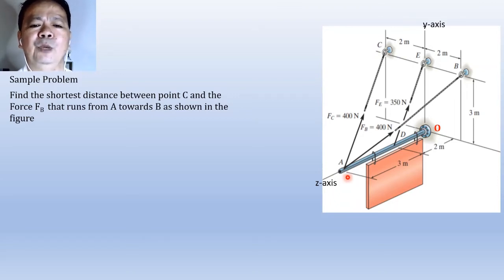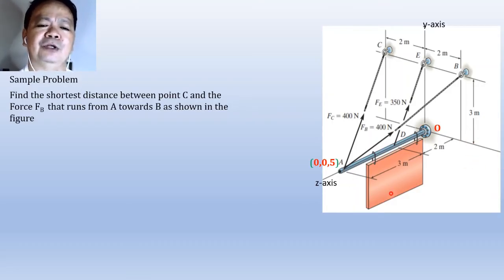If we consider this as our origin, then point A would have a coordinate equal to 0, 0, and 5. 0 because it is lying on the x-axis and on the y-axis, but measured 5 meters towards the direction of the positive z-axis.